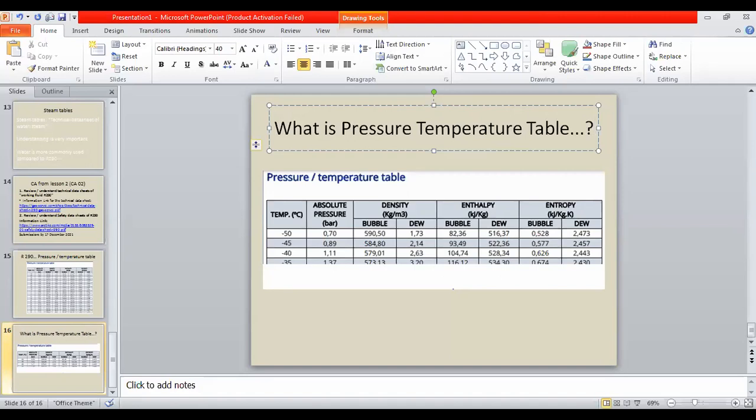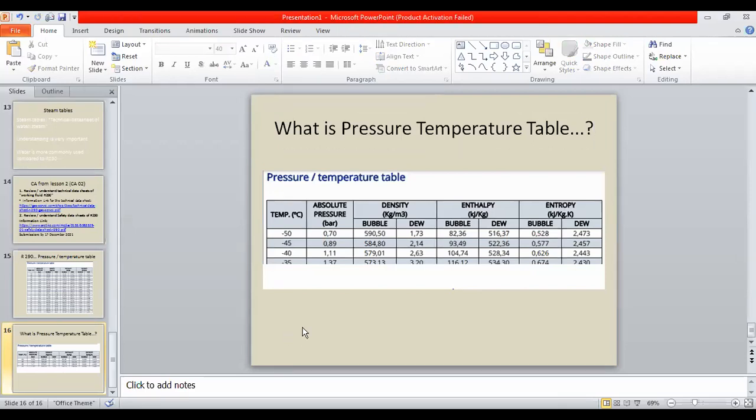Then you will understand what the steam table is. Okay, this is related to one experiment. This data is all derived from a laboratory experiment. So later I will explain what that experiment means.